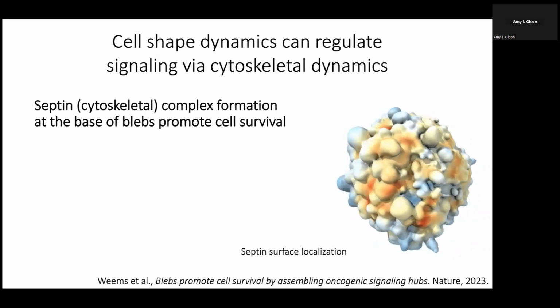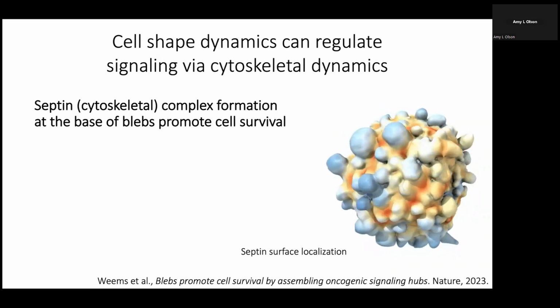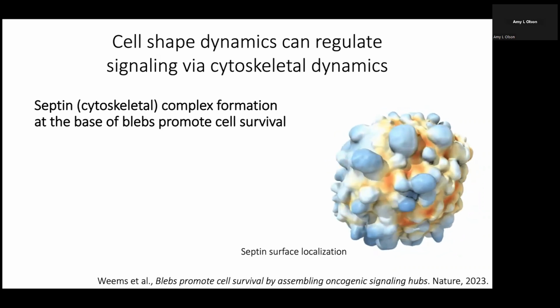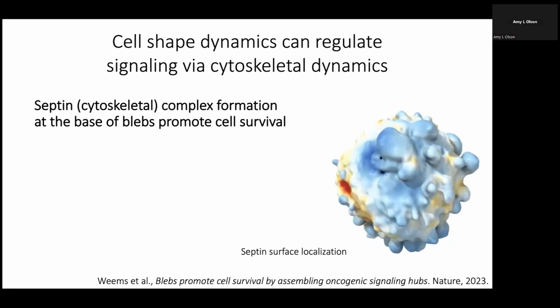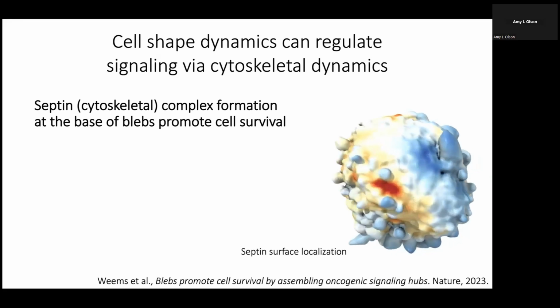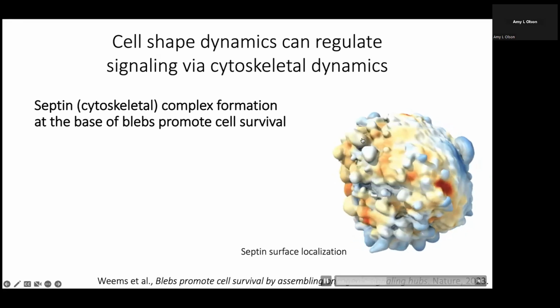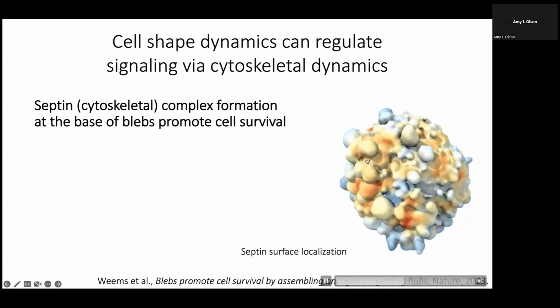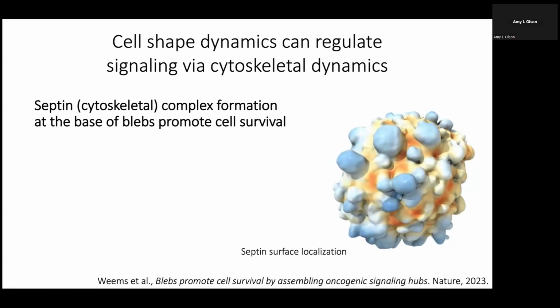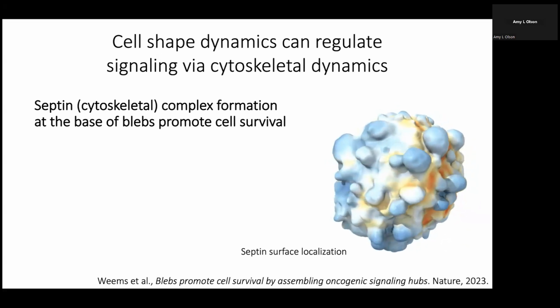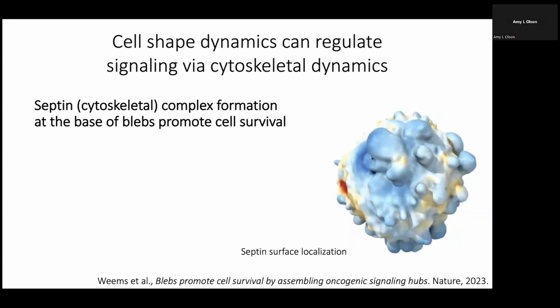Right here, we know that septins, which are a filament that localizes to the base of blebs, and blebs are these sort of spherical balls protruding from the cells, sense the curvature at the base of these balls and then alter signaling to increase cell survival, right?